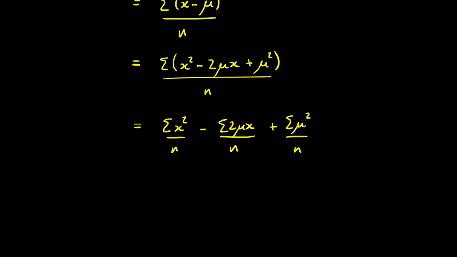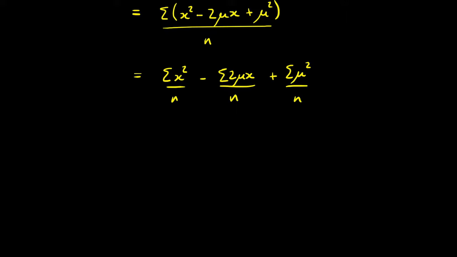Now, there are a couple of things to realize here about summations. The first is that the 2 mu is a constant, so we can pull it out of the summation. So this is going to be the summation of x squared upon n, minus 2 mu times the summation of x upon n.